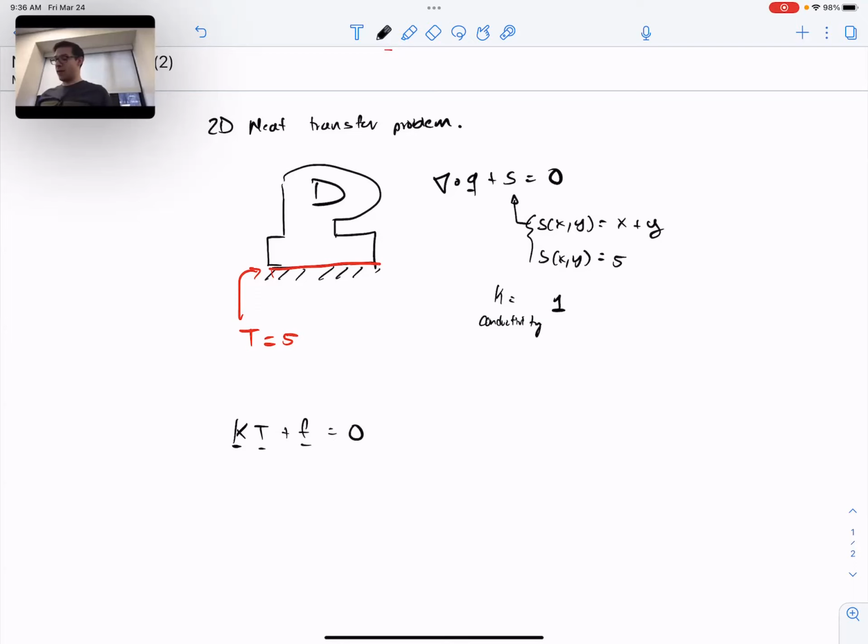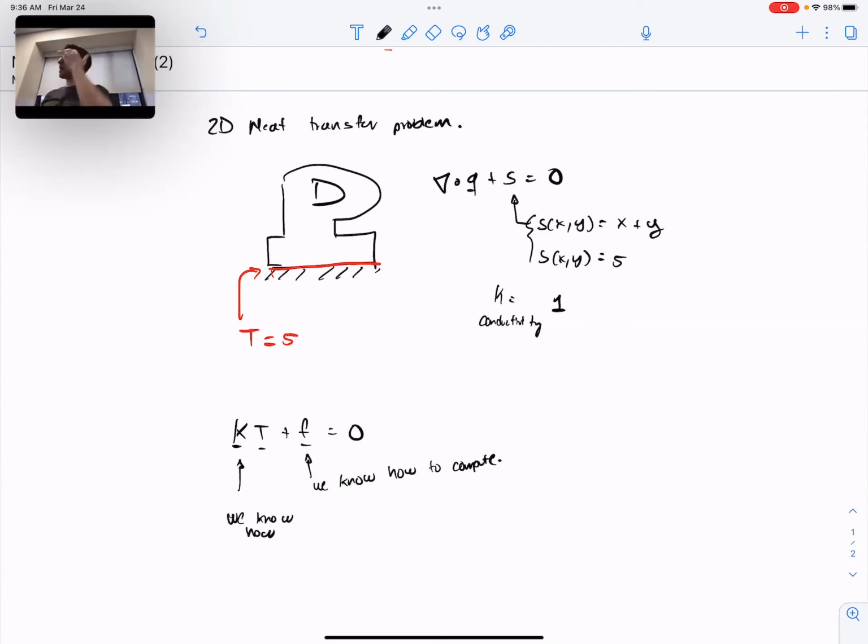And this force vector, we also know how to calculate. This is what you are doing for your homework. We're going to do it for the triangles, so we have to calculate the stiffness matrix and the force vector.